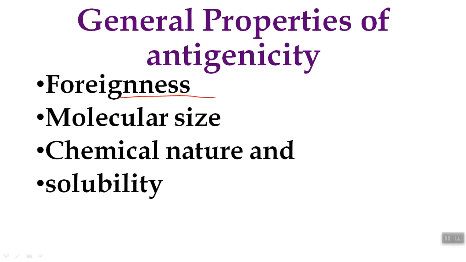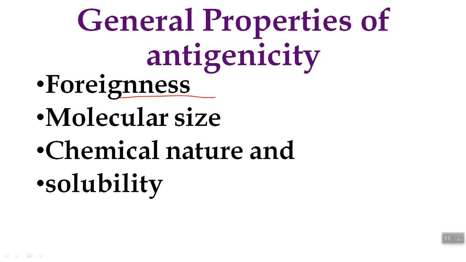It should be the foreign substance, not the self molecule. It should be the non-self molecule, and it should be genetically foreign to the host organism in which it is establishing the infection.